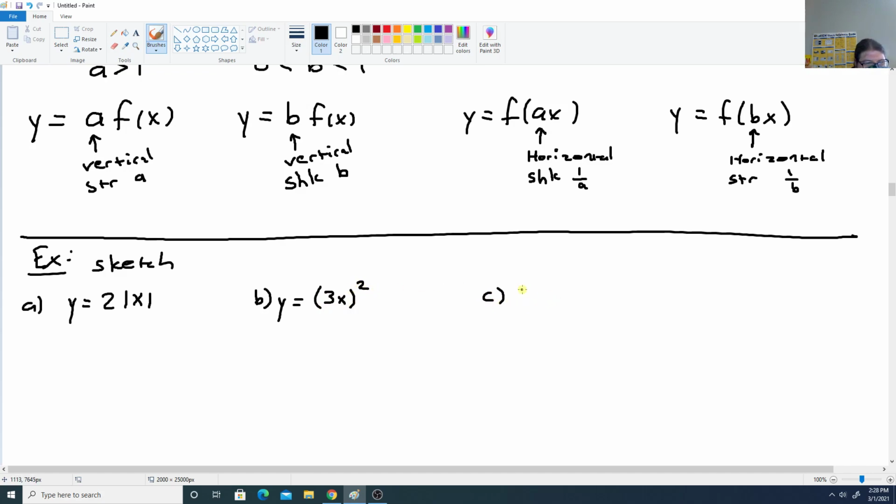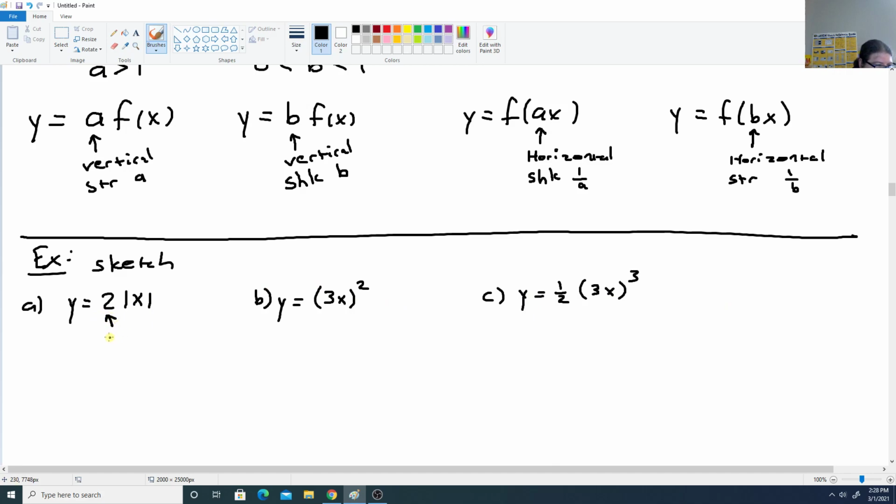Part C, we want to do y equals, sorry, let's make that 1/2 of 3x cubed. So comparing what we got here, let's label all 3 of these first, then we'll sketch them.